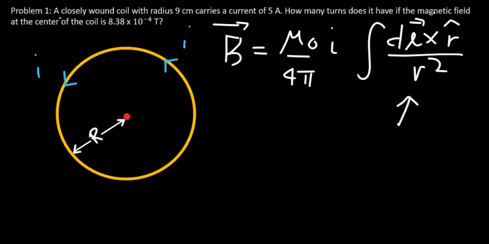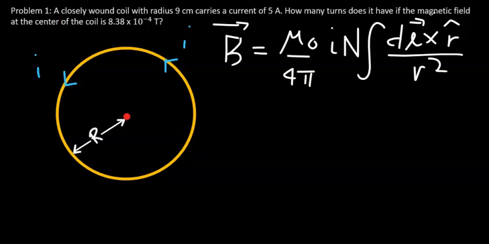So this distance is the distance from the current element to the point of observation, in this case that center point there. We note that this coil has N turns, so we should also multiply this expression with the number of turns that signifies the total current.